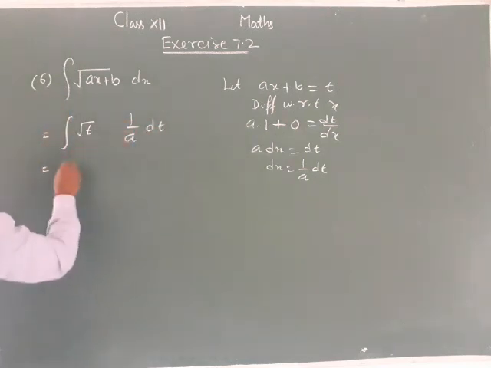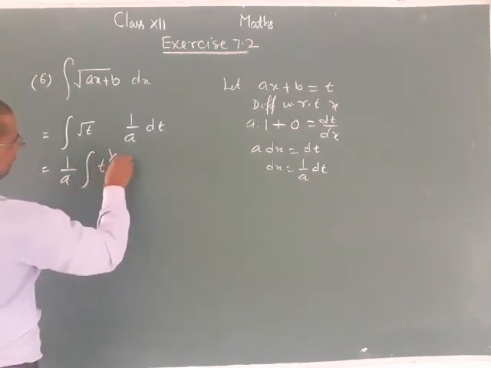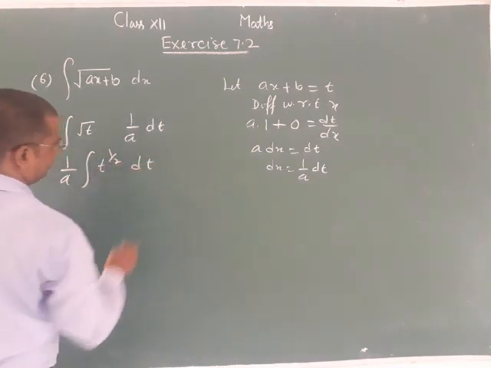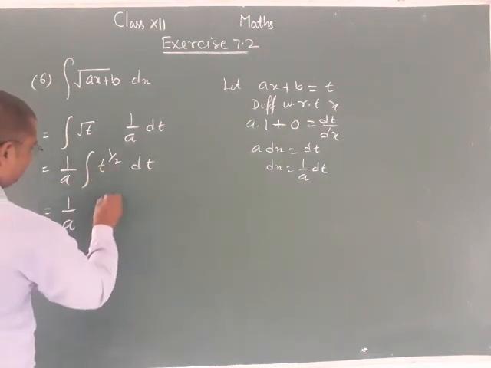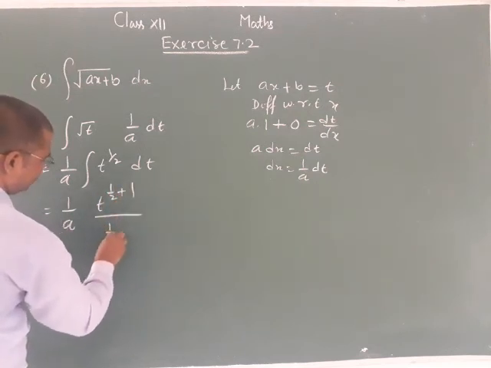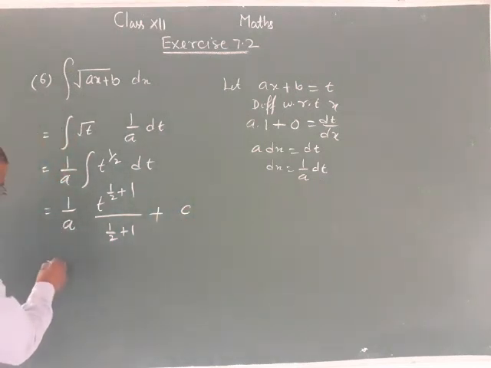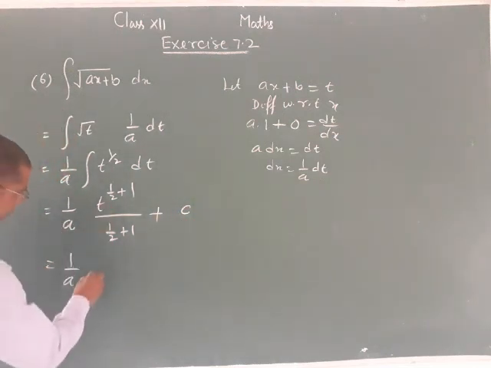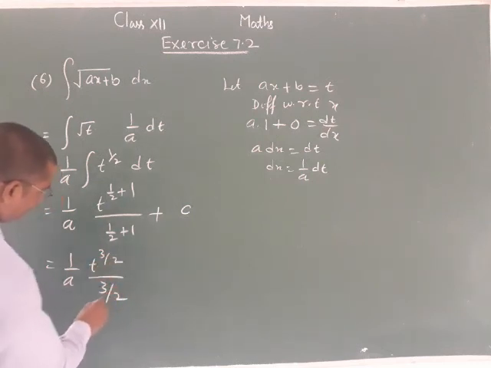So taking 1 upon a common out, we have the integration of t to the power 1 by 2 dt. Using the formula, t to the power 1 by 2 plus 1 upon 1 by 2 plus 1, plus arbitrary constant c. So 1 upon a, t to the power 3 by 2 upon 3 by 2.